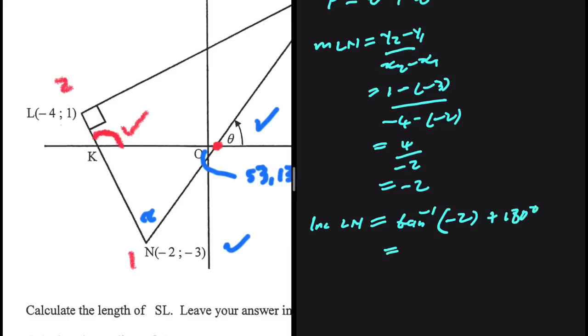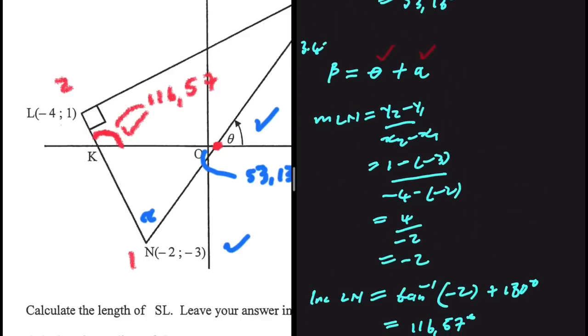So let me put that in my calculator. Tan inverse of minus 2 is minus 63.43. I add 180, I get 116.57. So the size of this angle is 116.57.